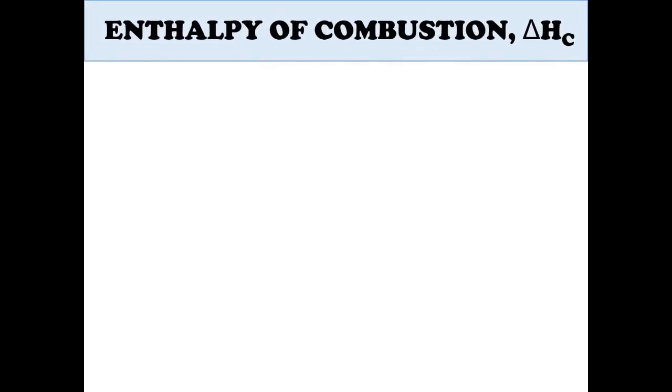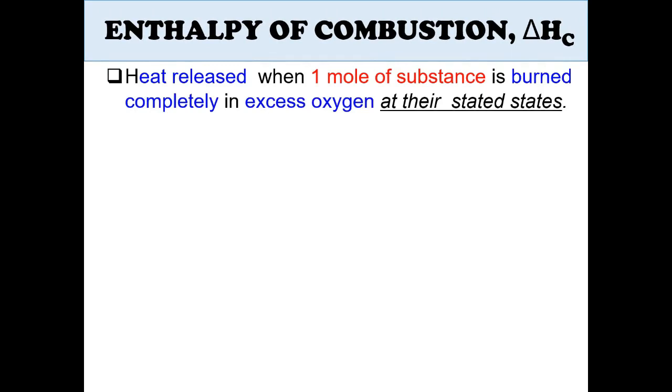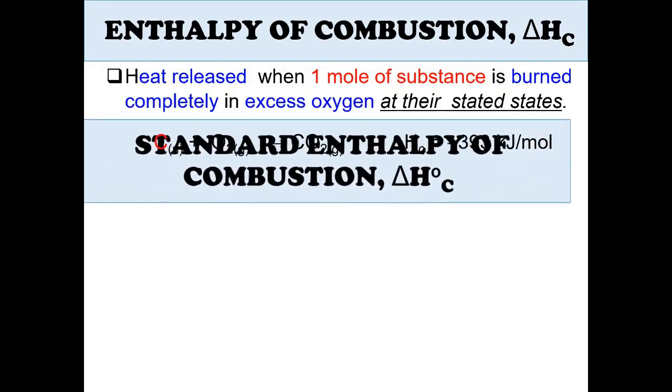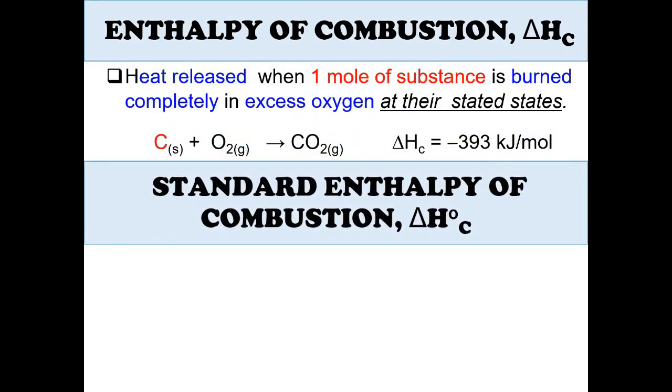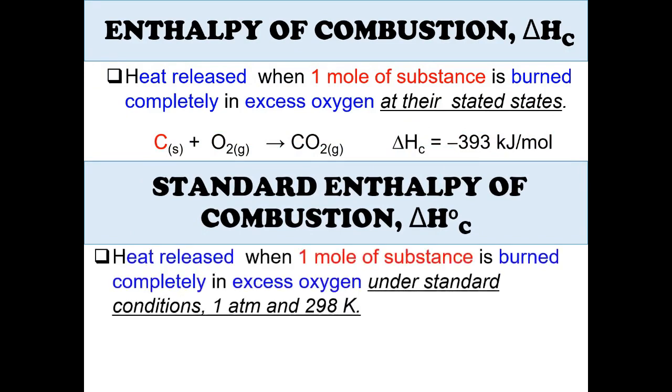Enthalpy of combustion, delta Hc, is the heat released when 1 mole of substance is burned completely in excess oxygen at their stated states. C solid plus O2 gas produces carbon dioxide gas, delta Hc equals negative 393 kJ per mole. Standard enthalpy of combustion, delta H naught C, is the heat released when 1 mole of substance is burned completely in excess oxygen under standard conditions, 1 atm and 298 Kelvin.